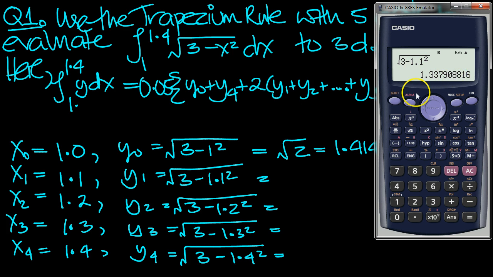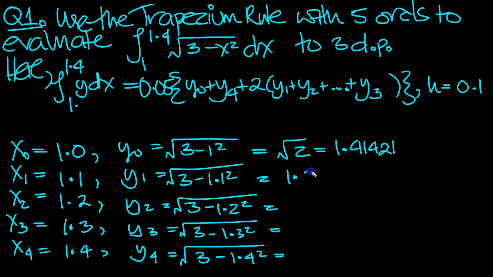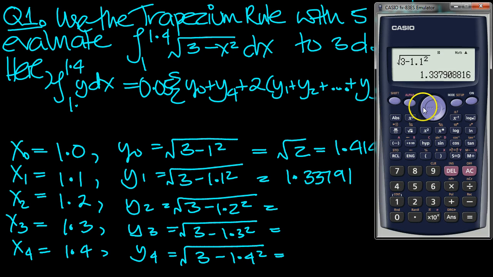1.33791, to 5dp that was. And then the next one, change the 1.1 to 1.2. 1.24899, 89 gets rounded to 90, doesn't it? Lots of 9s. So it's 1.24900, because 99 gets rounded to 100.